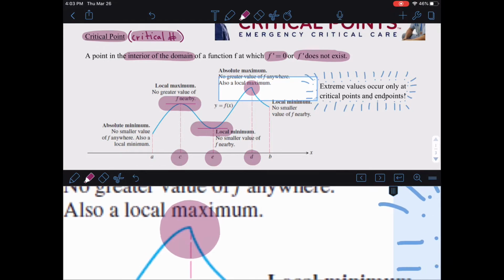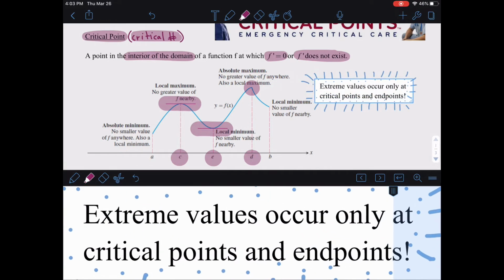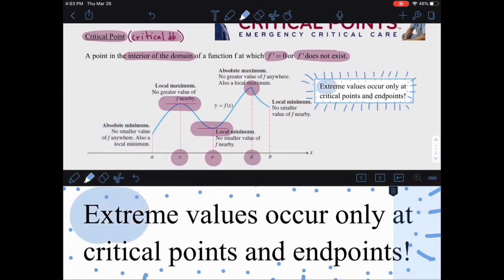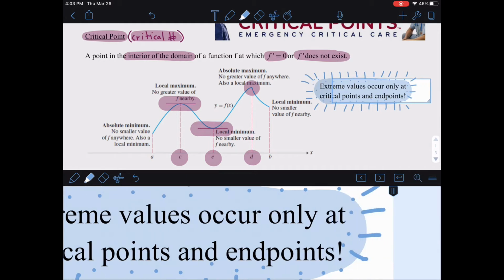Because we're looking for extremes, like we talked about in the day 1 notes, maxes and mins. Those extreme values are only going to occur at critical points and, like we talked about at the end of the 4.1 day 1 notes, endpoints. Extreme values only occur at critical points and endpoints.